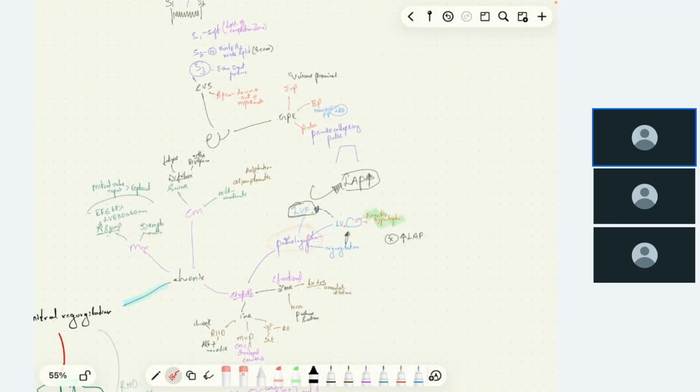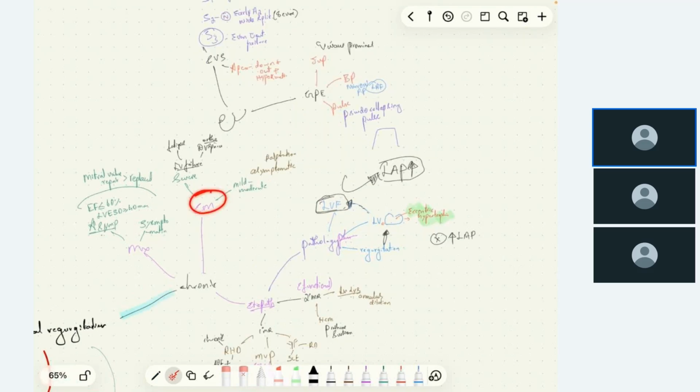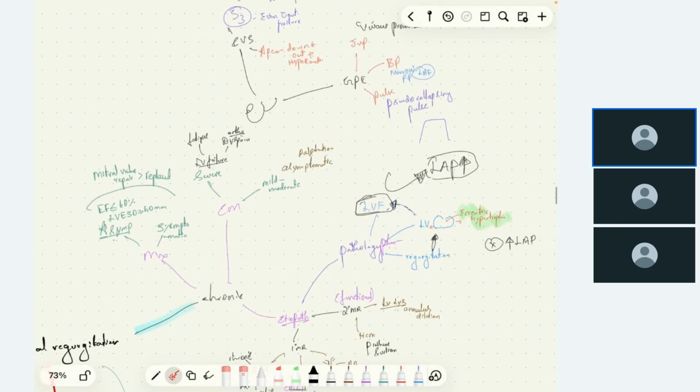What are the clinical manifestations seen in mitral regurgitation? We have two types of mitral regurgitation, that is mild to moderate mitral regurgitation and severe mitral regurgitation. How to classify the patient as having mild to moderate or severe mitral regurgitation? Mild to moderate mitral regurgitations are the patients who are asymptomatic, or the patients who only have palpitations, whereas the severe mitral regurgitations are the patients who have left ventricular failure, the last stage.